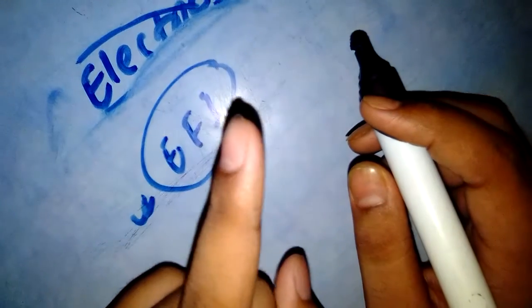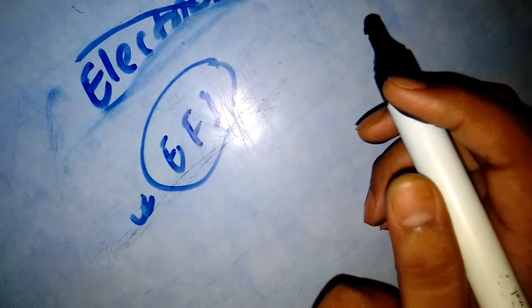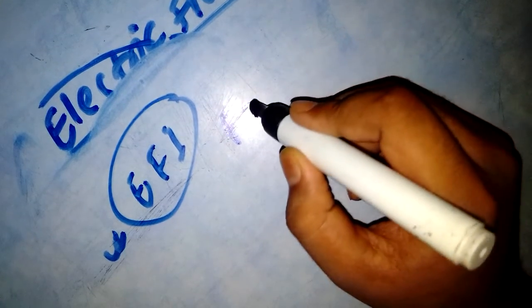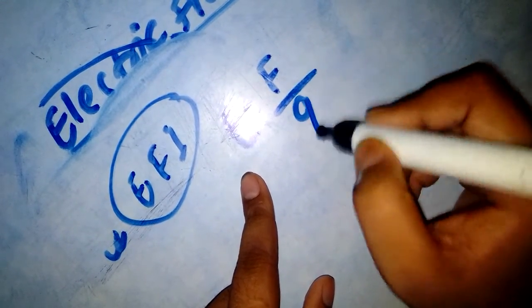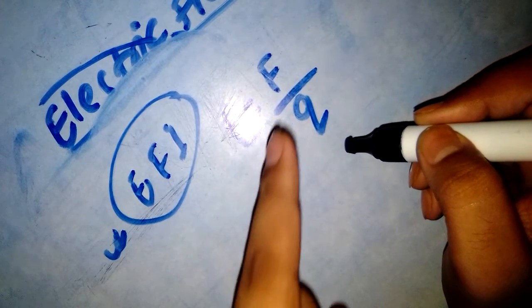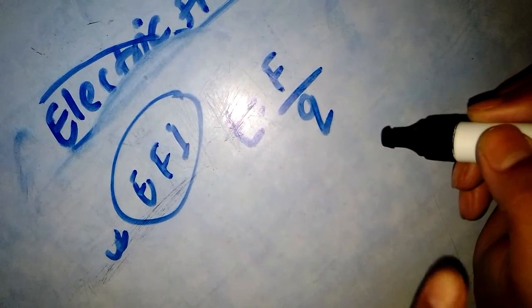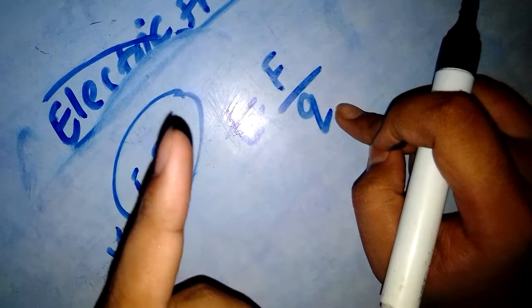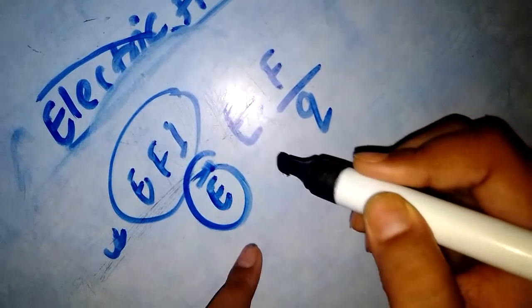We define it as the force experienced, listen to me carefully, the force experienced by a per unit test charge in an electric field is called electric field intensity, and it is denoted by E.